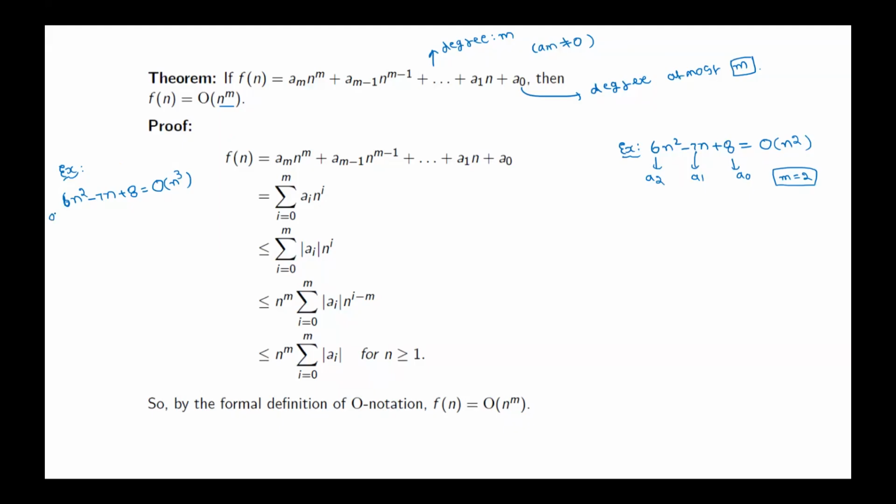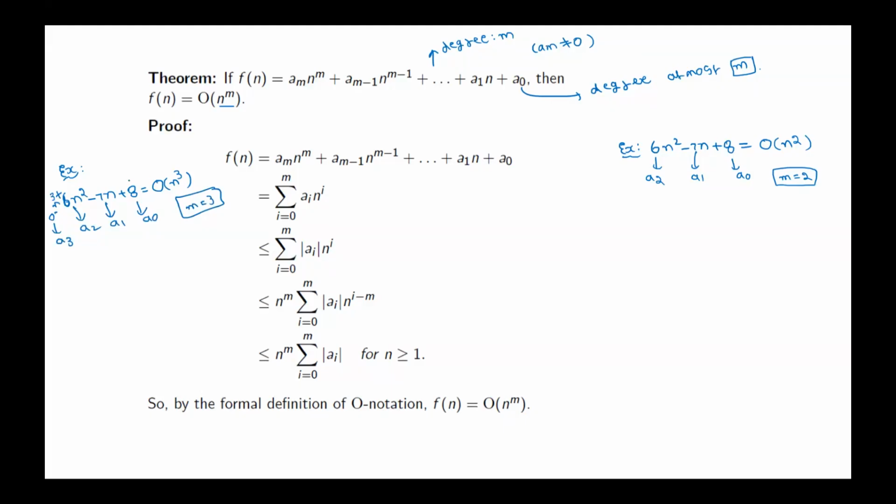Yes, sir. It is actually 0 into n cubed plus 6 into n square. Here this is a3, this is a2, this is a1, this is a0. Now m is 3. Is that correct?